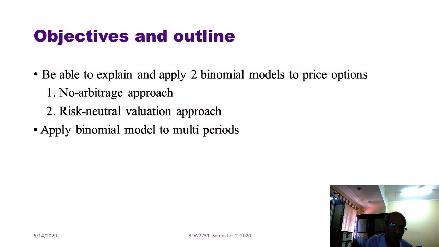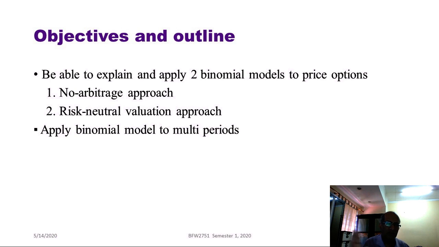The second objective is to apply the binomial model to multiple periods. Say you have a medium-term option, let's say a 6 month option, but the interest rates are calculated for 3 months.